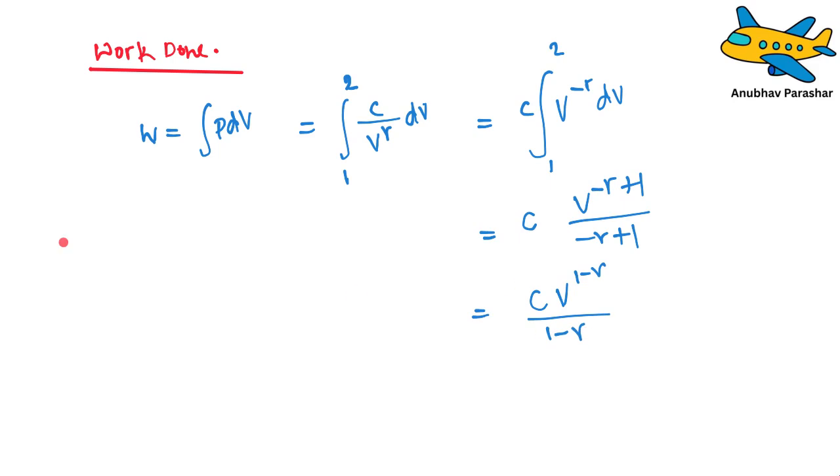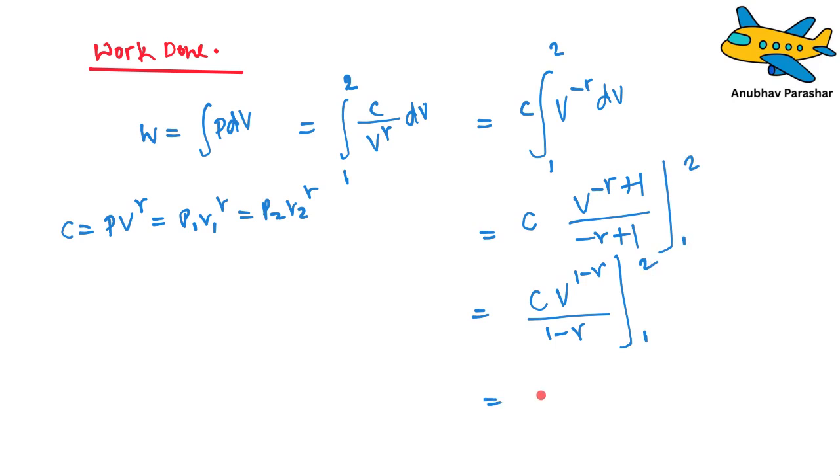Now what is C? C is nothing else but a constant. It is equal to P V to the power gamma. We can also write it as P1 V1 to the power gamma, or as P2 V2 to the power gamma. You can write it the way you want. This is from 1 to 2.